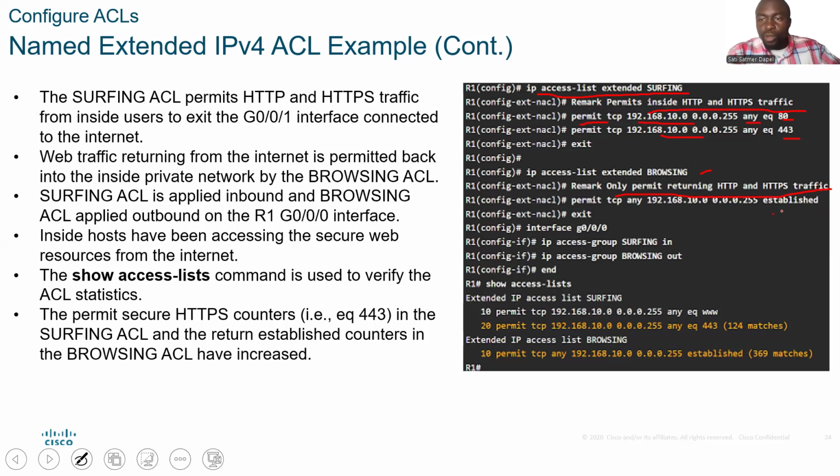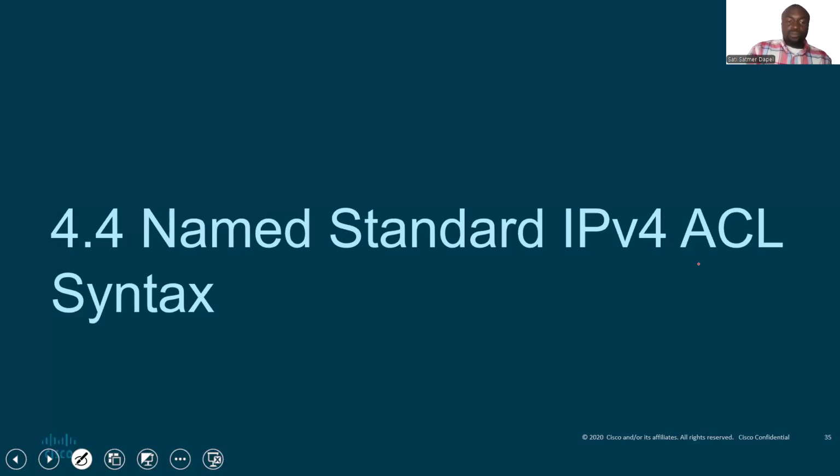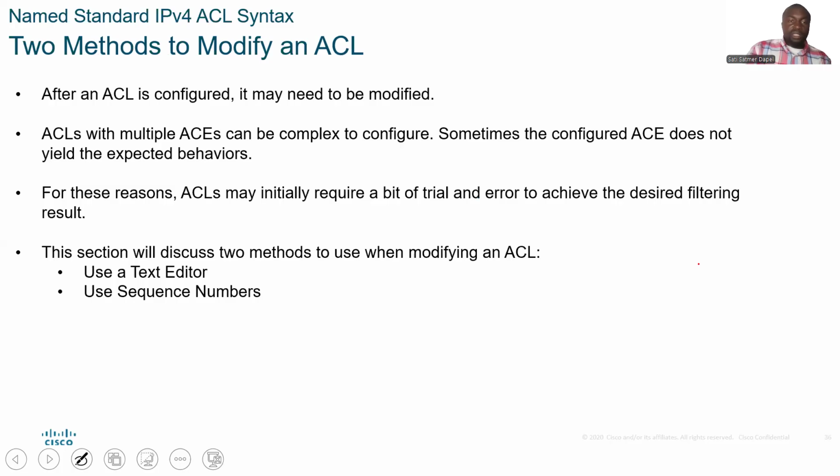By using the keyword established here. Once you use the keyword established, you are good. After that, you go to the interface and then ip access-group in and then ip access-group out. And that is all. Once you've done that, you have done that. So this is the syntax.